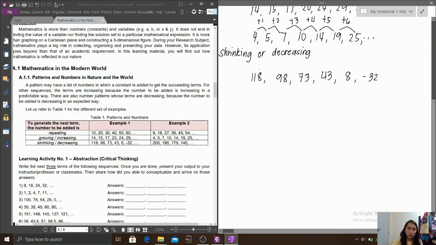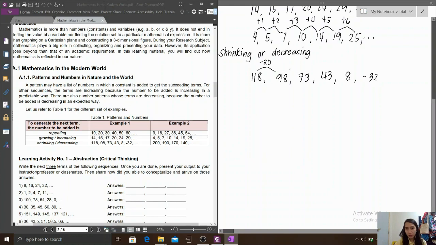We have the sequence 118, 98, 73, 43, 8, and negative 32. In order to get 98, we will add negative 20.